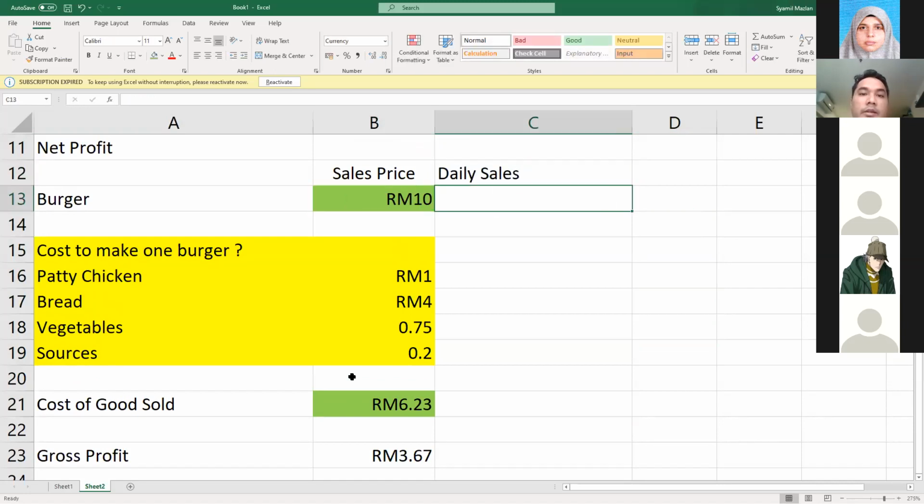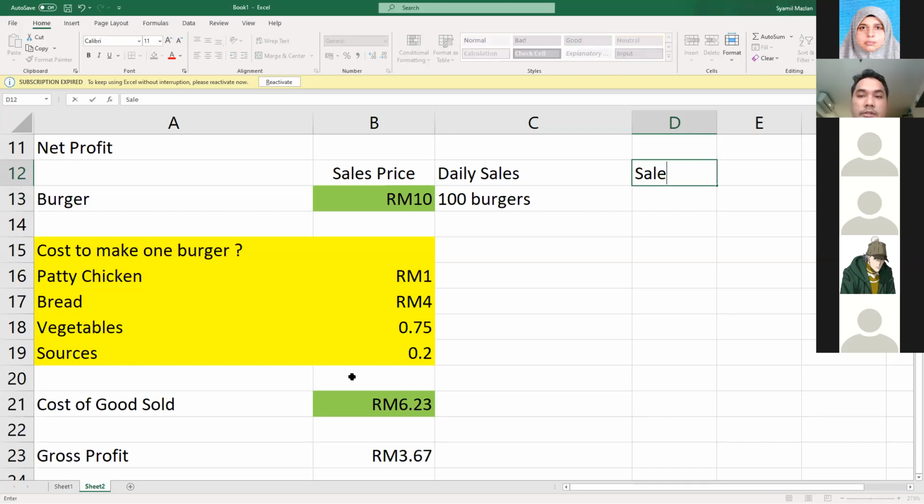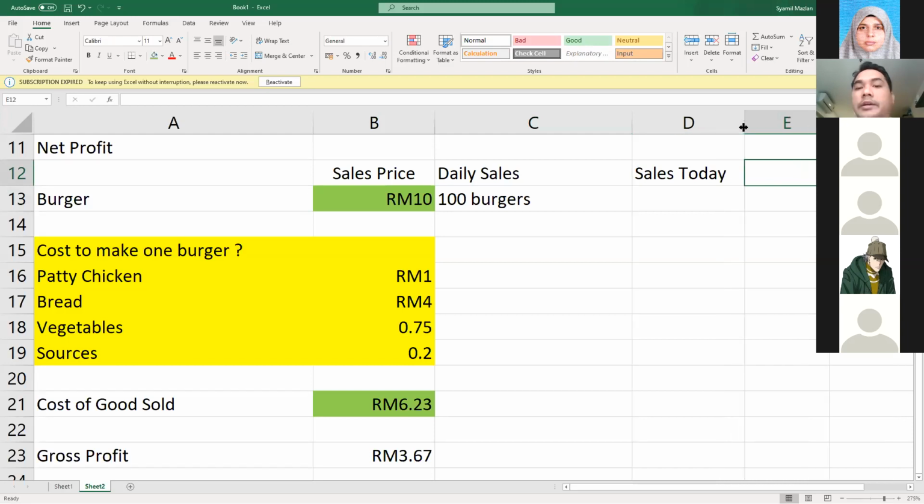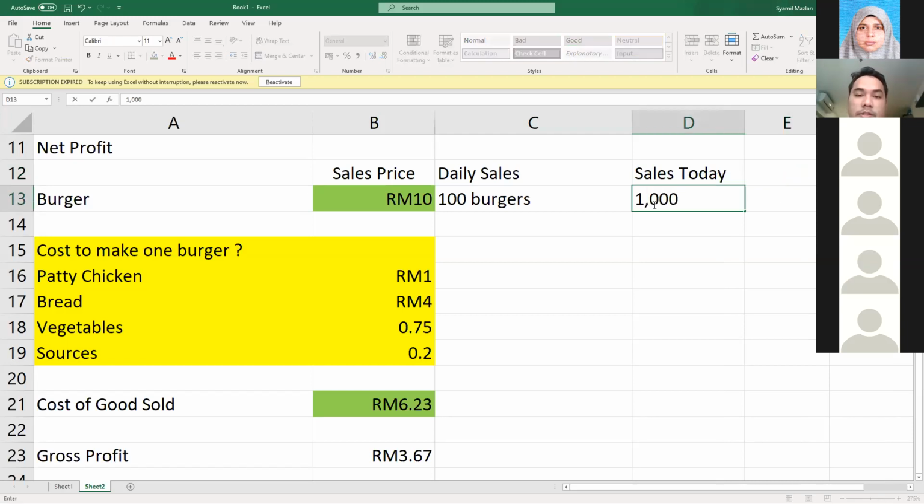What are your sales for today? Today you have sold 100 burgers. How much did you sell today? 1,000, right? Yeah, 1,000. Cool. You are a genius. How about your cost of goods sold?